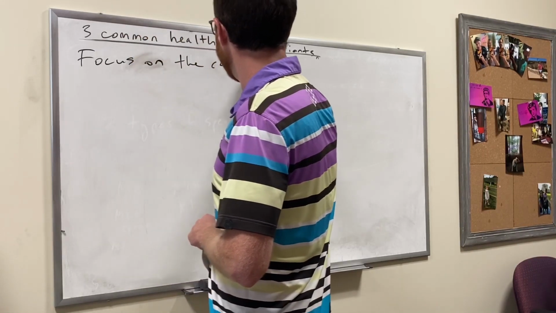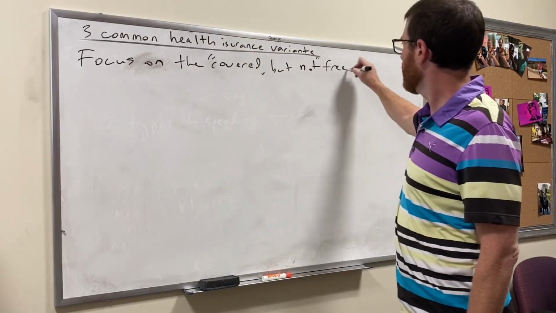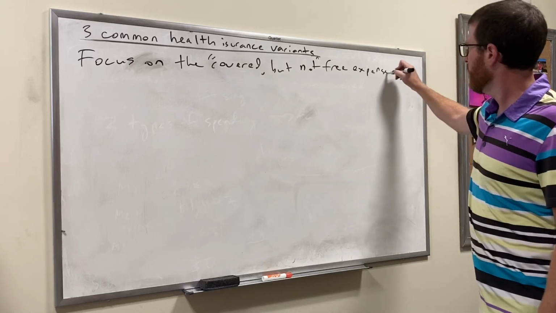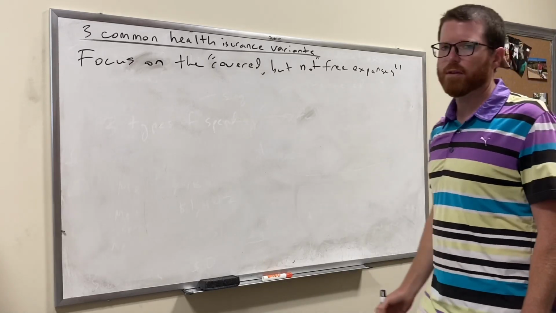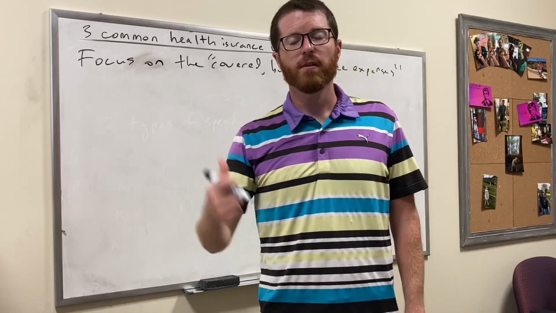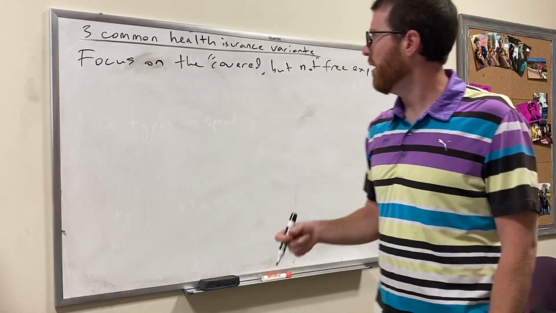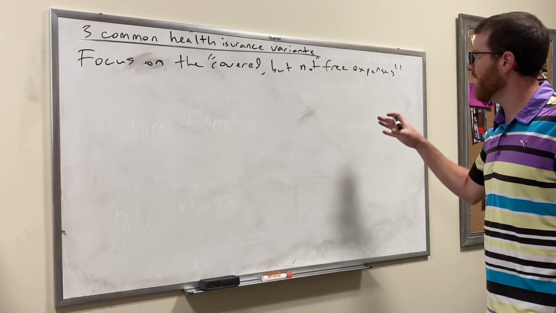So let's focus on the covered but not free. This is where most of the action is, right? The stuff that they pay for is not going to be a lot of money anyway, so it's not really all that important. These are the things you're really going to want to think about when you're making your financial plan. The stuff that's covered but not free.